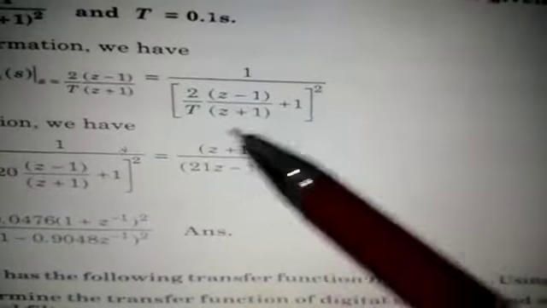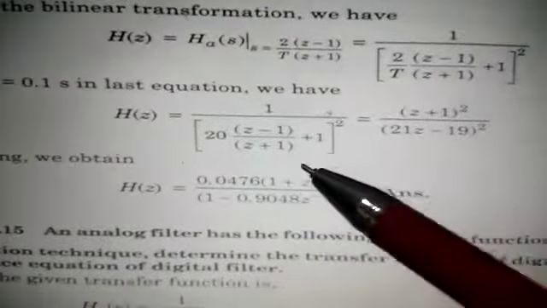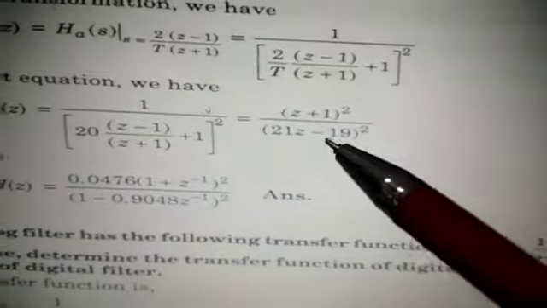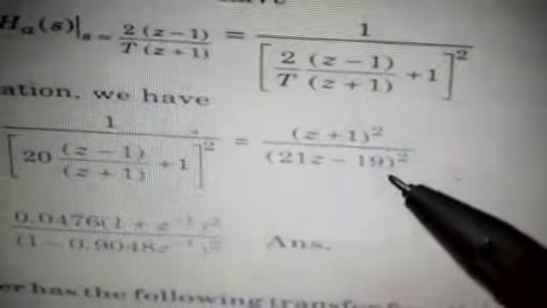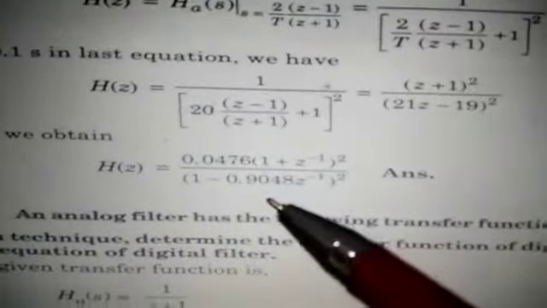So in place of S you can put this transformation: 1 upon (2 by T (Z minus 1) upon (Z plus 1) plus 1) whole square. You can simplify this, and the simplified equation is (Z plus 1) whole square upon (21Z minus 19) whole square. And finally we can get this H of Z transfer function.